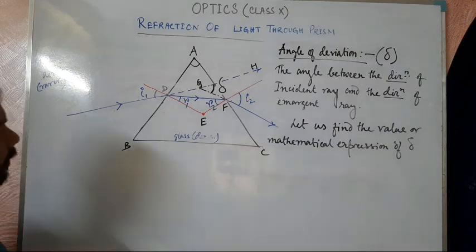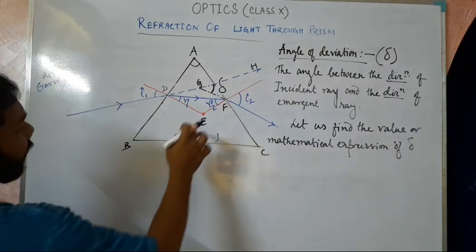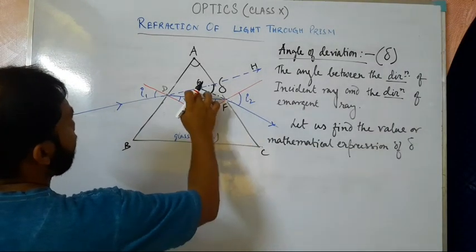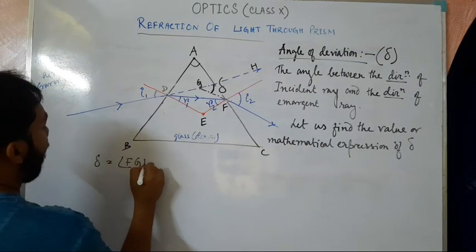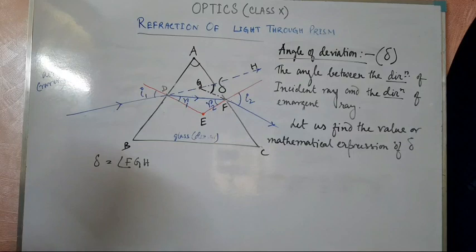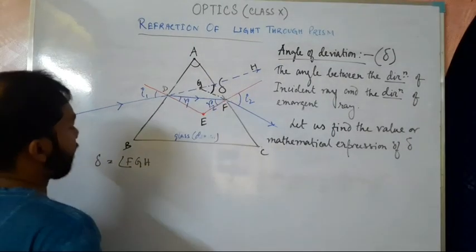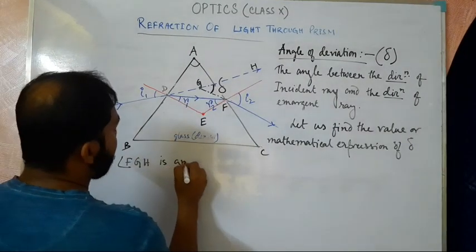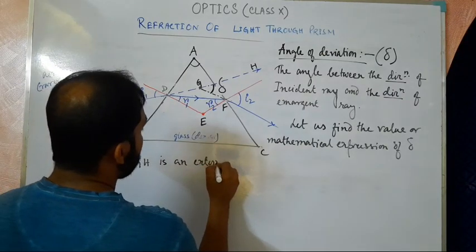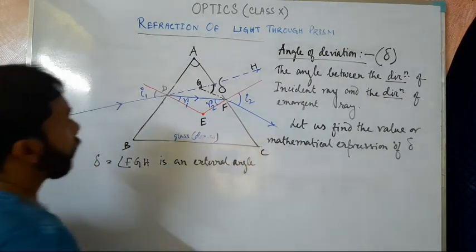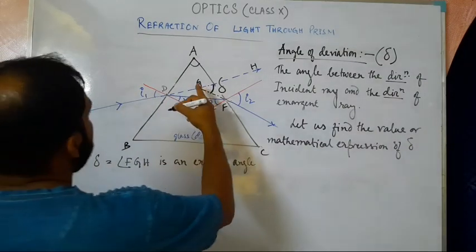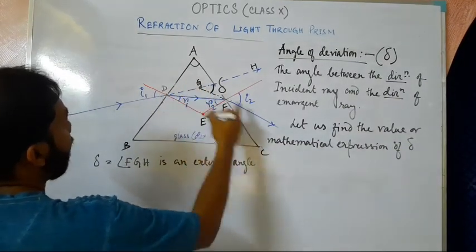From this figure we can see what delta is. Delta is the angle FGH. Now that angle FGH is an external angle to the triangle DGF.